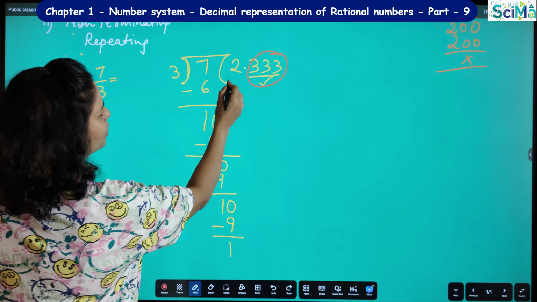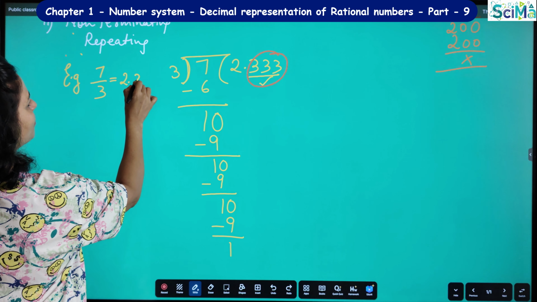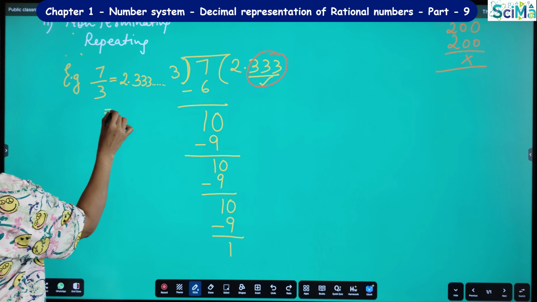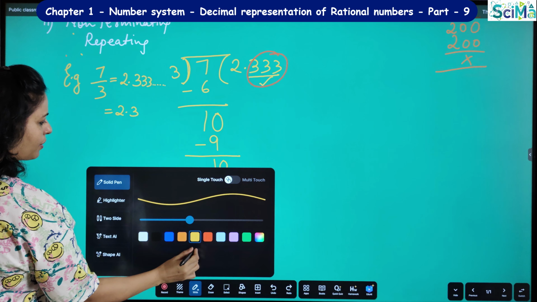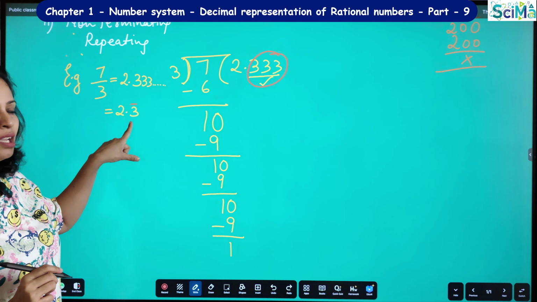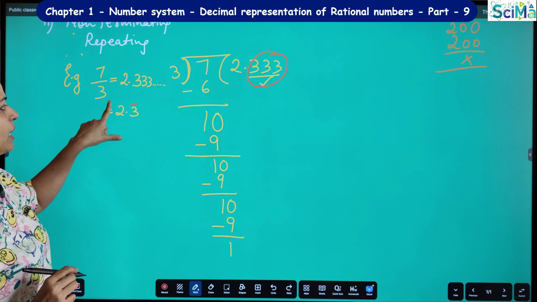So what will be the decimal expansion for 7 by 3? See, 2 is there before the decimal, you have to write it as it is. Only 3 is repeating, right? 2.333, you can either write dot dot dot, or you can write 2.3 and put a bar. You have to put this bar only on the number which is repeating. Understand? You don't have to put a bar on any other number.